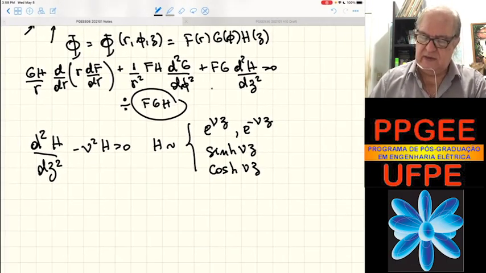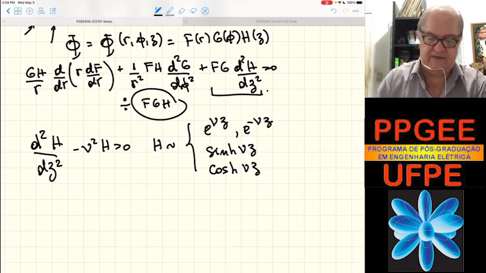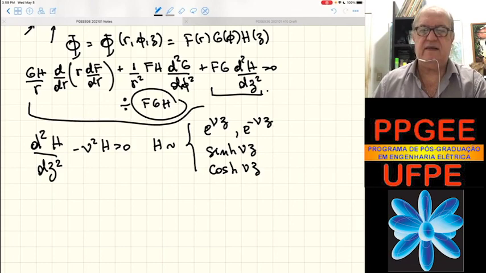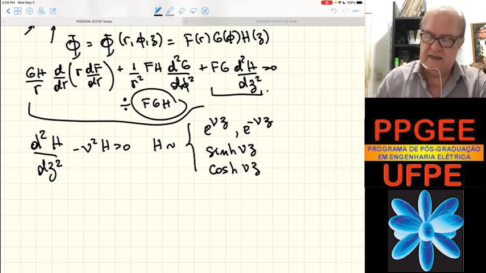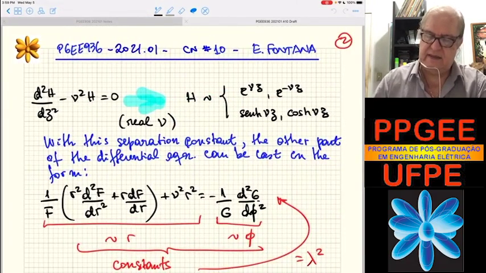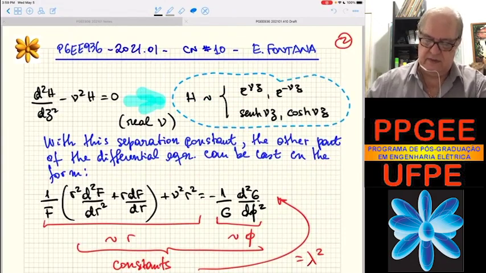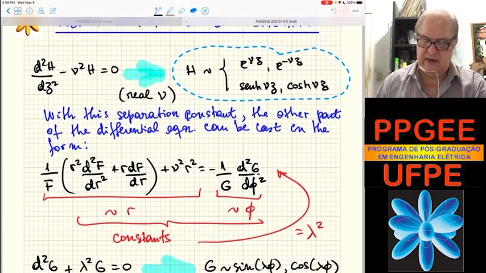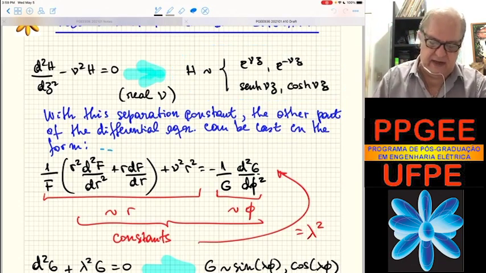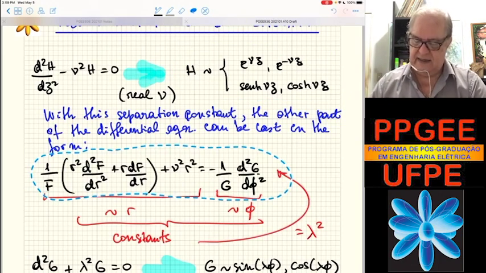This part here was separated from the equation, so we are left with something that contains this other part, and this is the solution we just mentioned. If we go again, we make a new algebraic step, and we can separate the radial part and the azimuthal part like this.